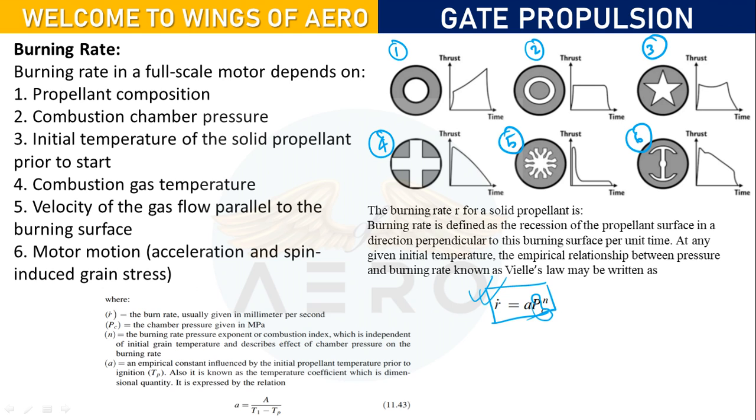R is the burning rate or burn rate, whose unit usually comes in millimeter per second.